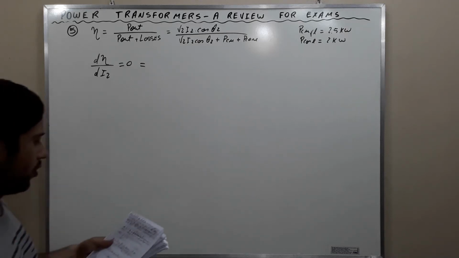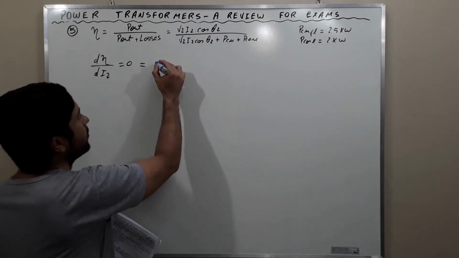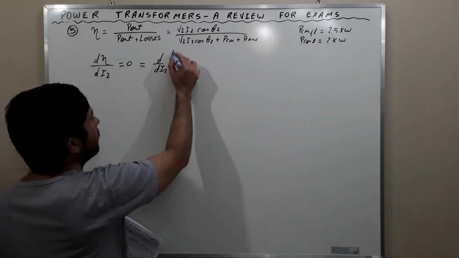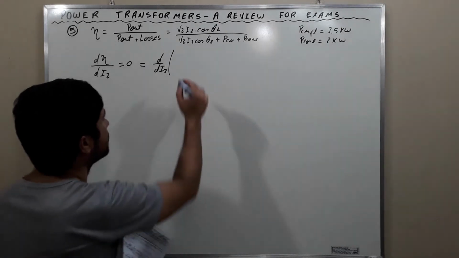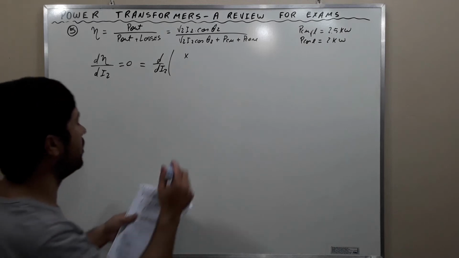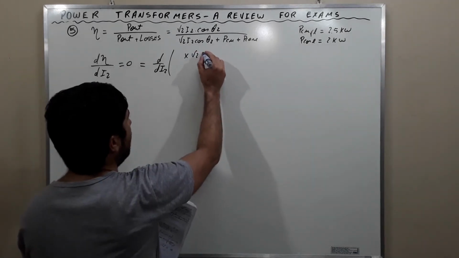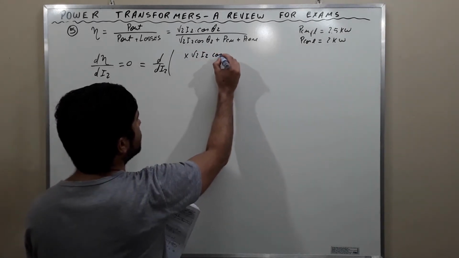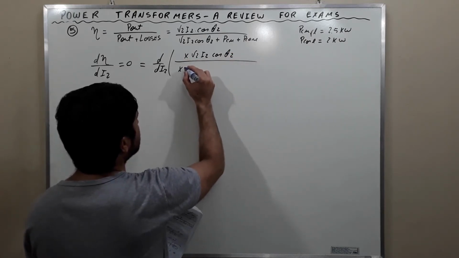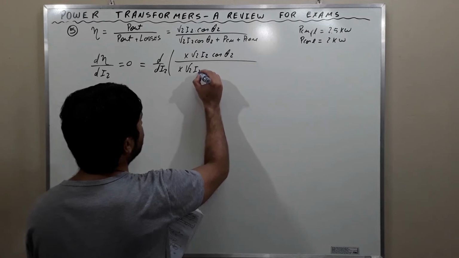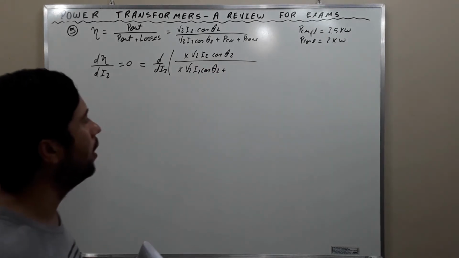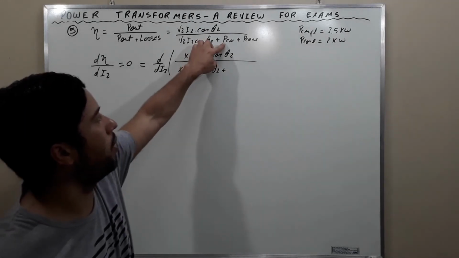And it is going to be the derivative with respect to output current of x V2 I2 times the cosine of theta 2 divided by x V2 I2 times the cosine of theta 2 plus the copper losses.